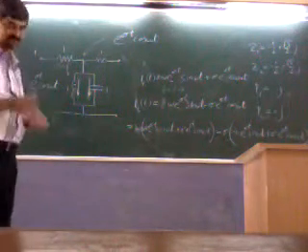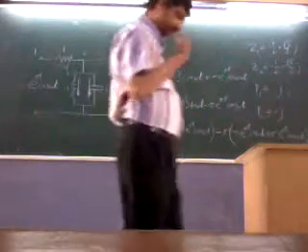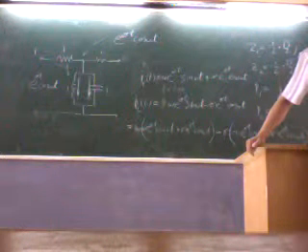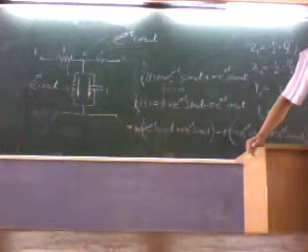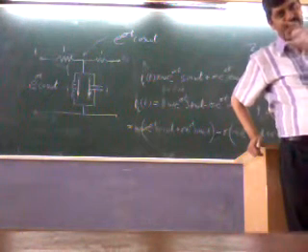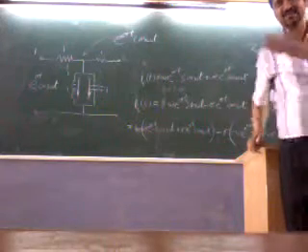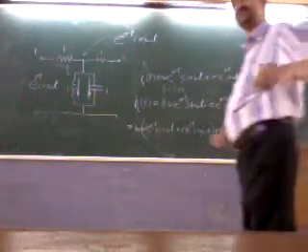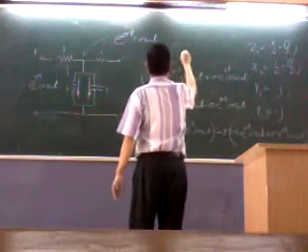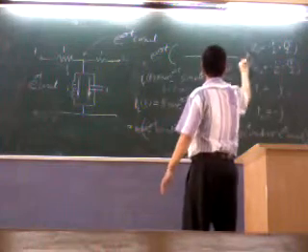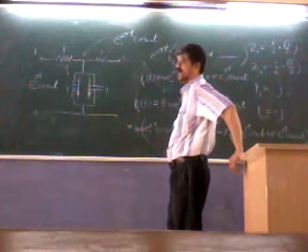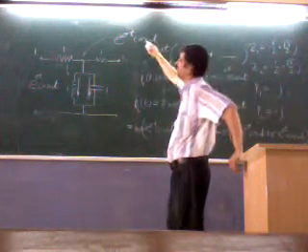So you collect the terms and you get e raised to sigma t outside completely, and you get something cos omega t plus something sin omega t, that must be equal to cos omega t.